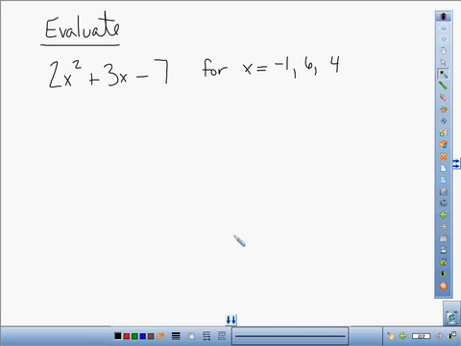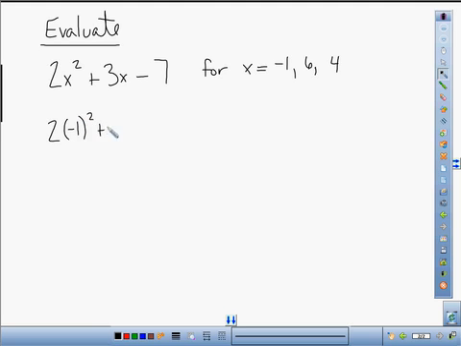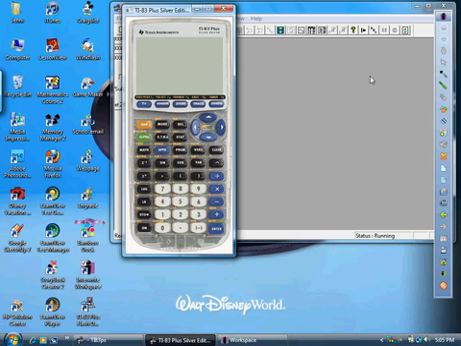Okay? Well, that just means that I need to take -1 and plug it in for x. I need to take 6 and plug it in for x. And I need to take 4 and I need to plug it in for x. So I would do 2 times -1 squared plus 3 times -1 minus 7. And thank goodness we have calculators.